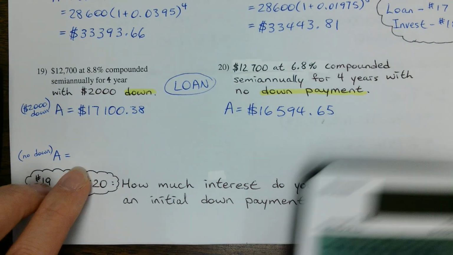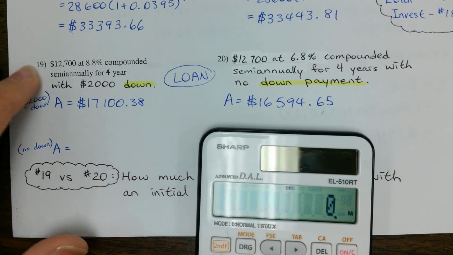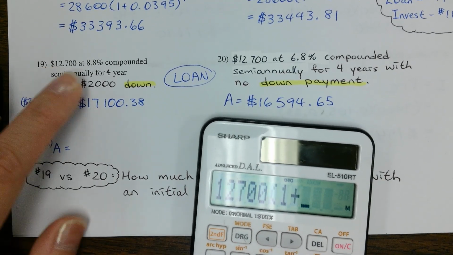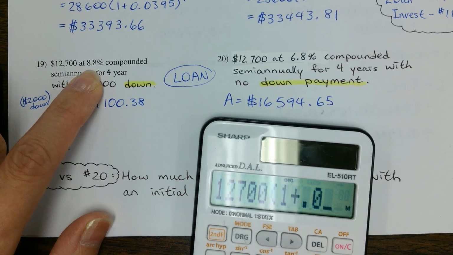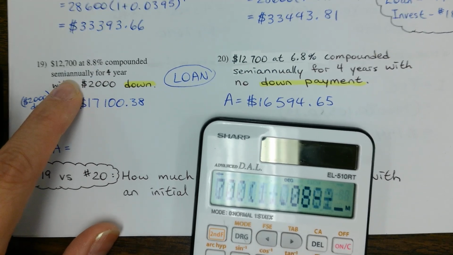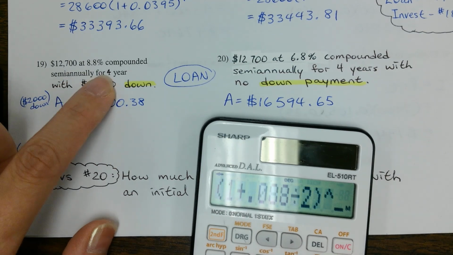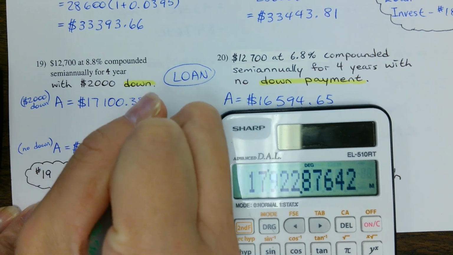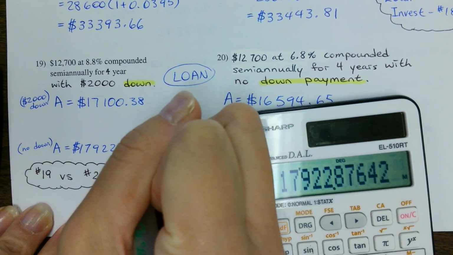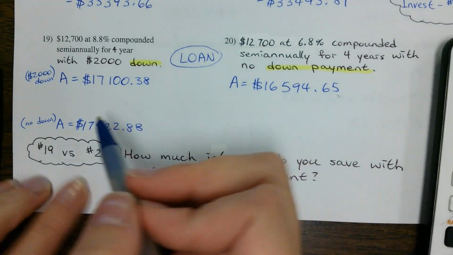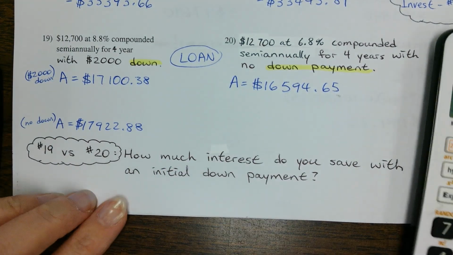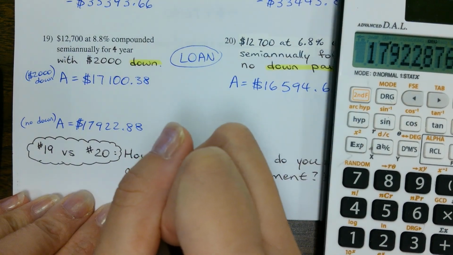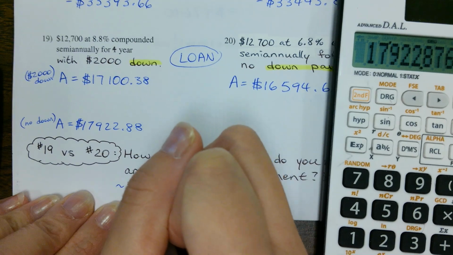All right, if it's no down, let me see what we get. 12,700 times 1 plus 0.088 divided by 2, to the power of 8. You get 17,922.88. Okay, so if you want to find out with no down and a down payment how much you save, you would subtract those two. So you would save roughly about $800.